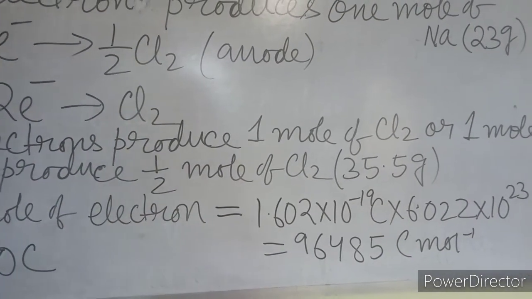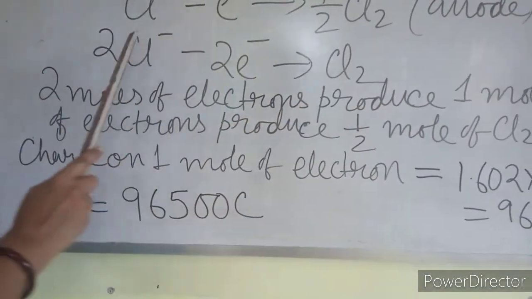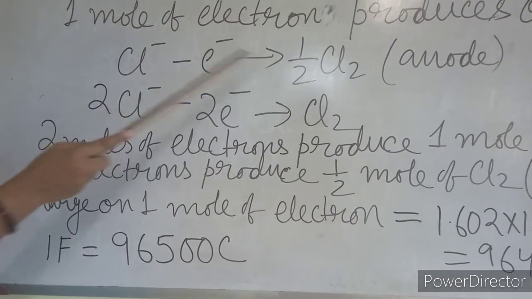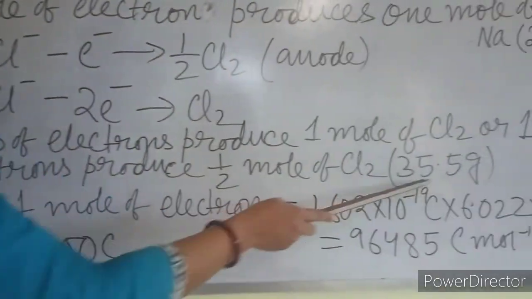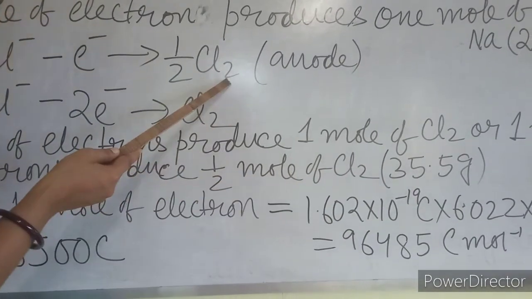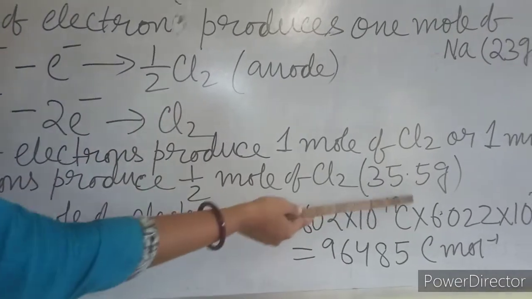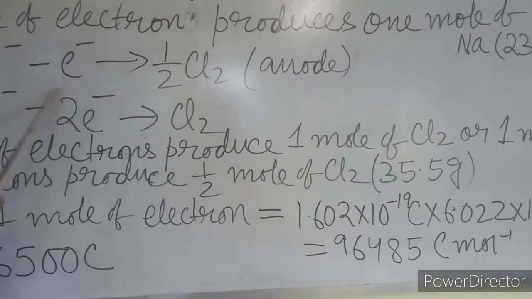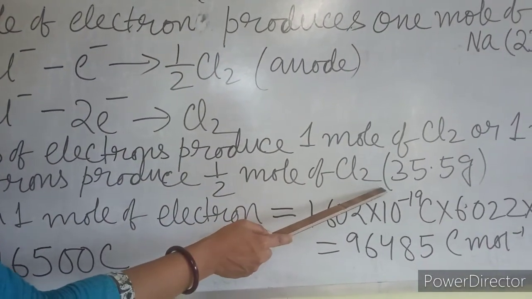Or in other terms, 1 mole of electron is producing half mole of Cl2, whose weight is 35.5 gram. 1 Cl is 35.5, Cl2 means 35.5 into 2, half Cl2 means again 35.5 gram. So it means that 1 mole of electron will produce 35.5 gram of chlorine gas.